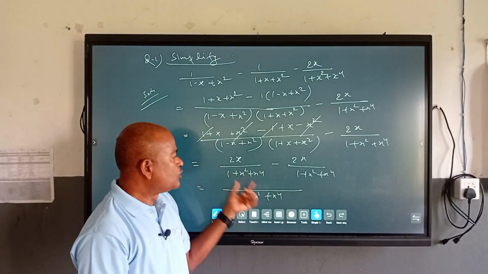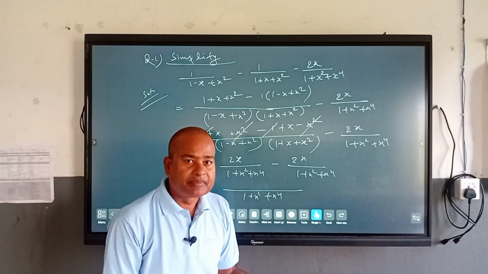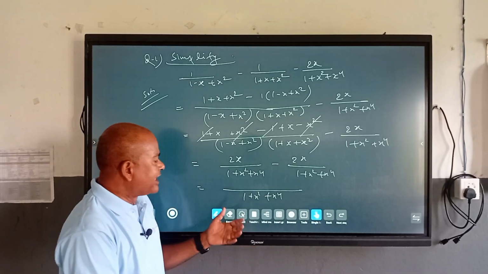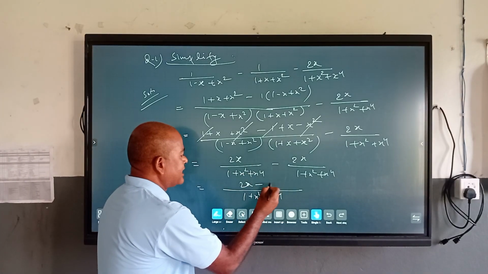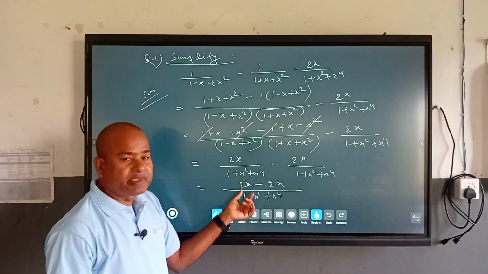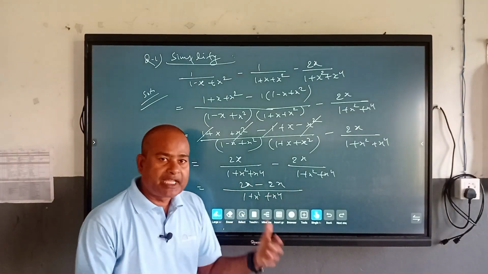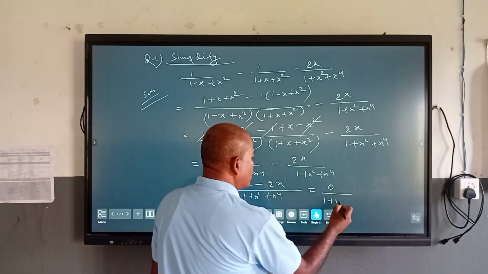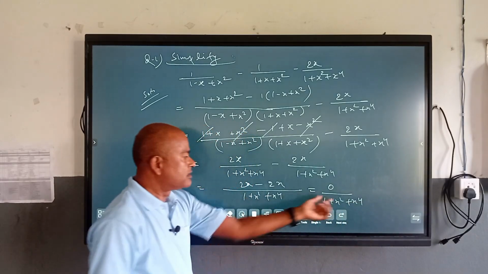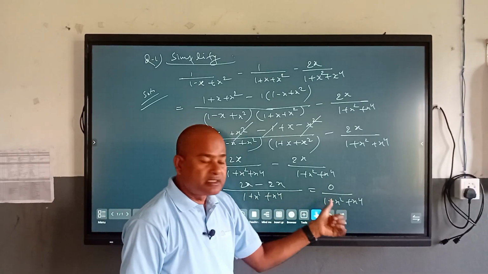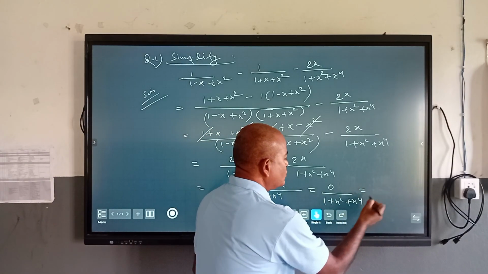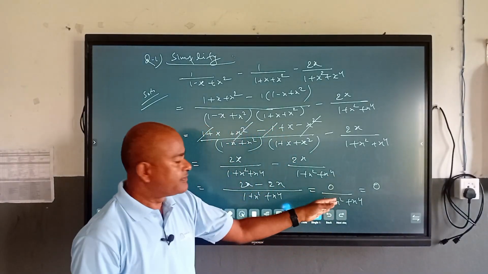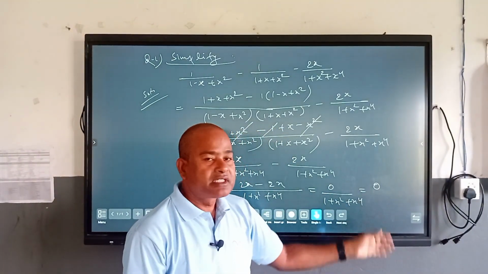If the denominators of both the expressions are the same, then we should not do cross multiplication. We can directly write the numerators as they are. So 2x as it is, minus 2x as it is. So 2x minus 2x is equal to 0. The denominator, 1 plus x square plus x⁴, we write the same. 0 over something, we get 0. If 0 is divided by any number, then we get 0.